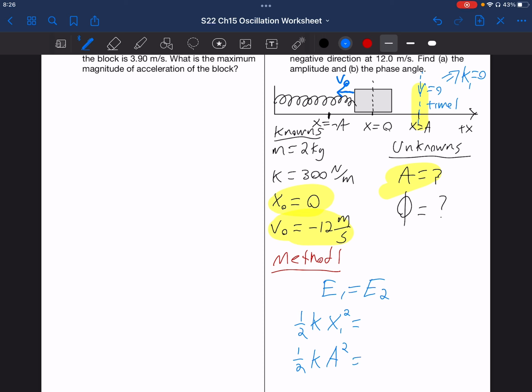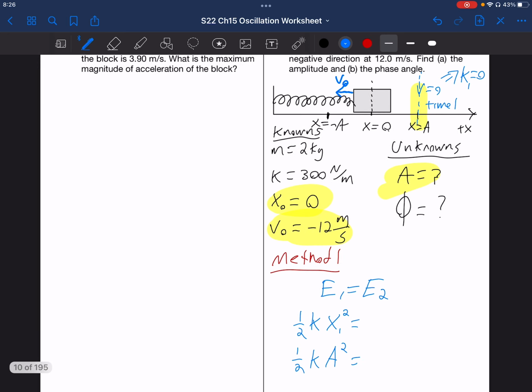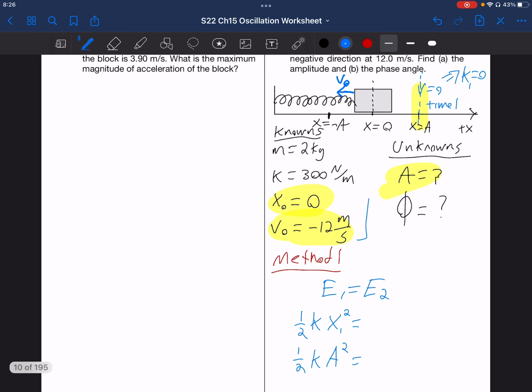So I'm going to choose to pick that to be my time 1 when we're at our max amplitude, because that's what I want to figure out. And then time 2, I need to decide based on other knowledge I have, and I know something about another moment in time, and that is when I pass through the equilibrium position, my position is 0 and my velocity is negative 12 meters per second.